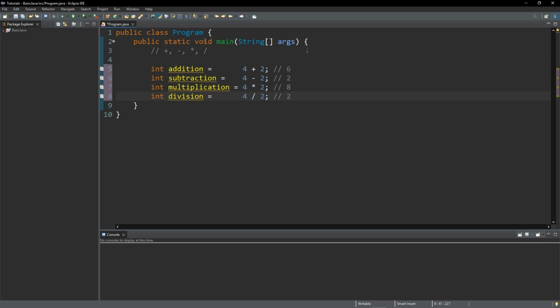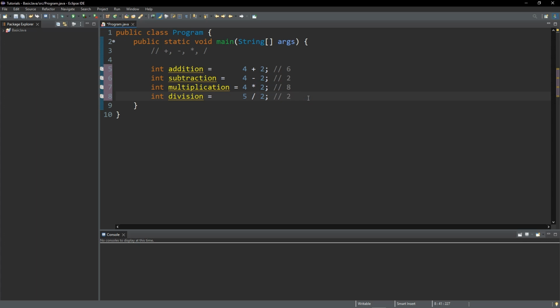However, we can make it a little more complicated, but first let me show you something. If I made this 5 divided by 2, this answer in reality is 2.5. But since this is an integer, it's not 2.5 anymore because an integer is a whole number. So what it does is it takes this decimal point and cuts it off.